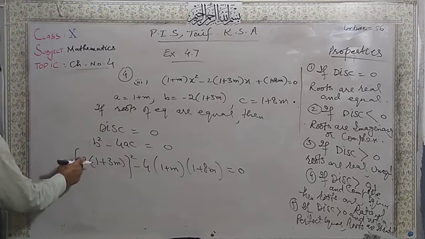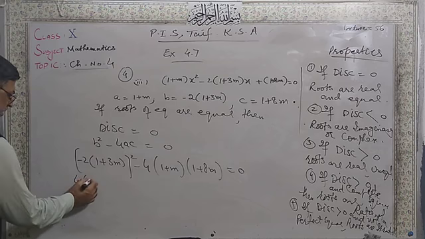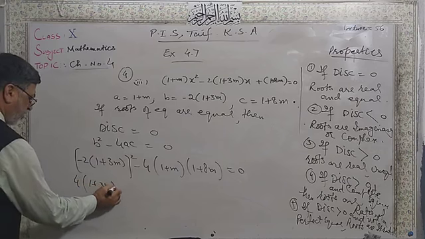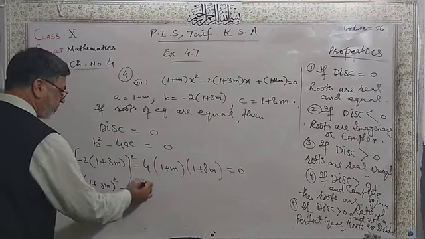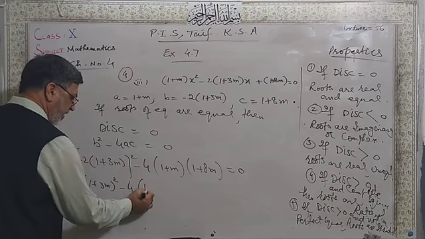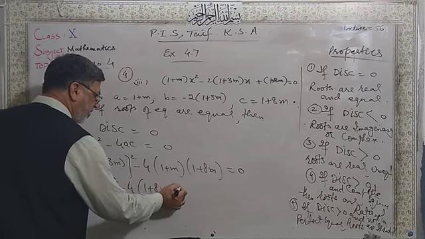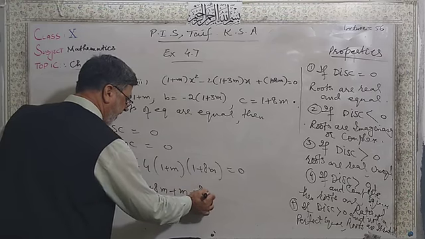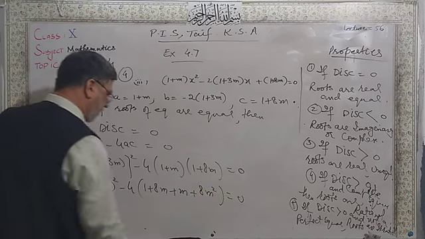Here the square of minus 2 is 4. Open up the formula of square also: (1 plus 3m) whole square, minus 4 into multiply them, (1 plus 8m plus m plus 8m square), that is equal to 0.